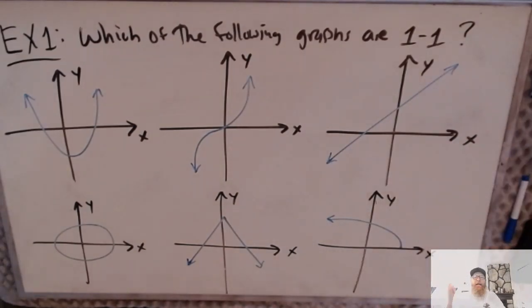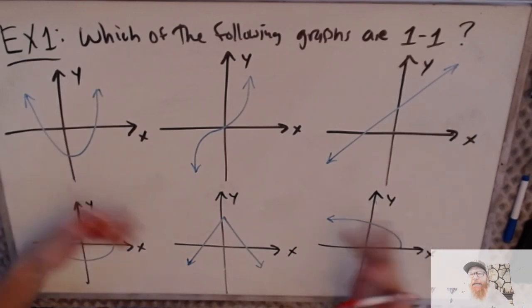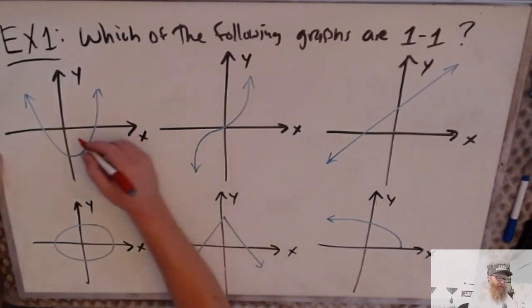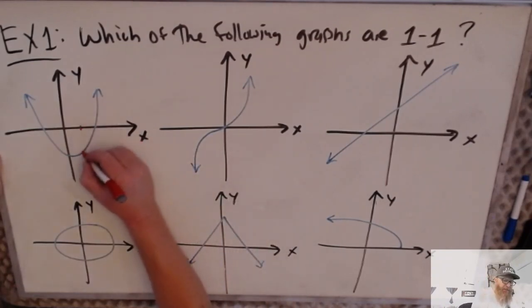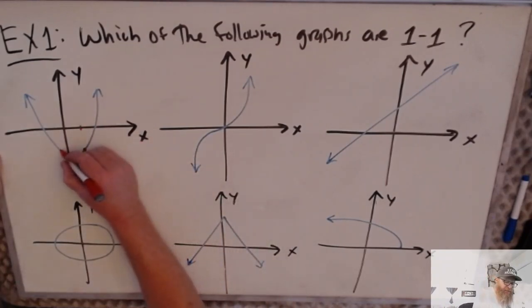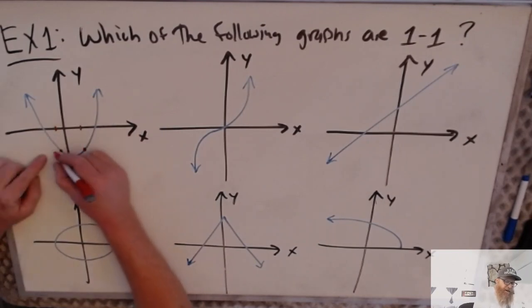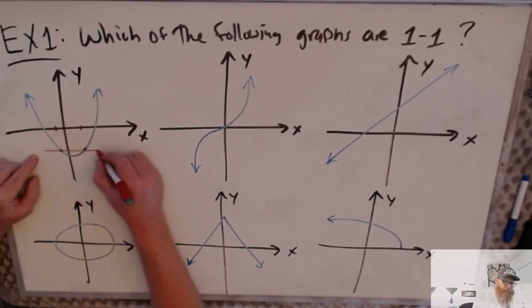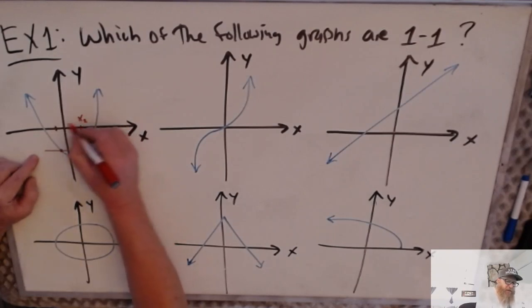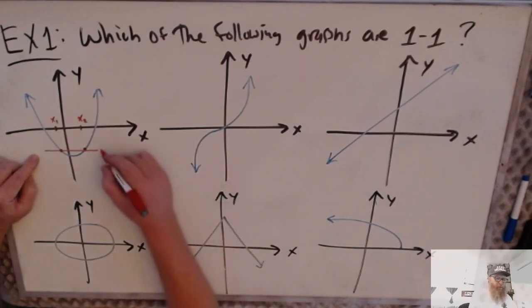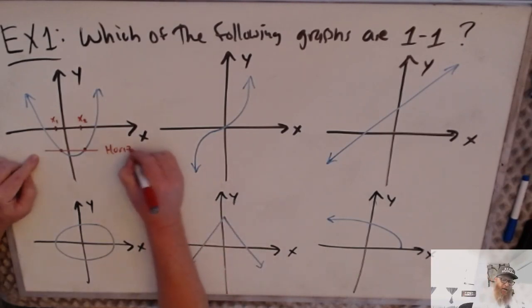So remember, each x should correspond to exactly one y, and each y should correspond to exactly one x. So if you can find the same y value for two different x values, this is what we call the horizontal line test.